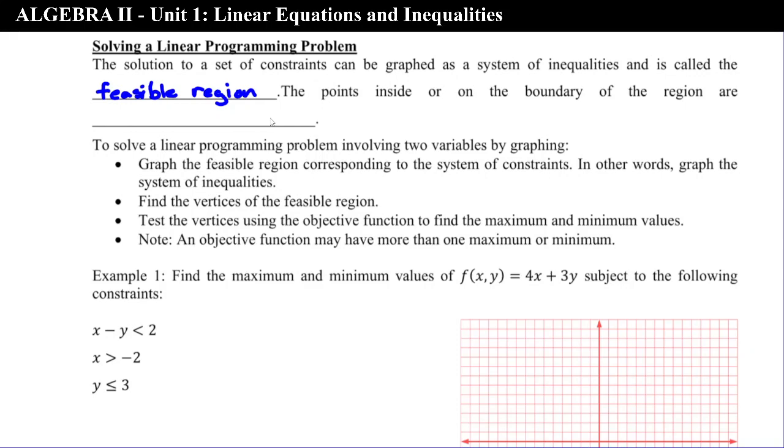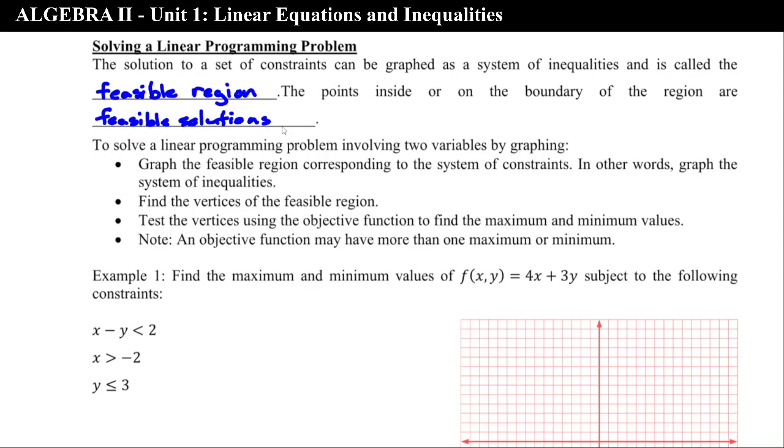So the points inside or on the boundary of that feasible region, these would be our feasible solutions. These are the solutions that make sense. Like I said earlier, having one person hand make 500 footballs in one day is not a feasible solution for that type of problem. Making 5 would be a more feasible solution.